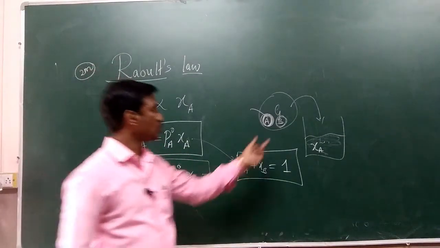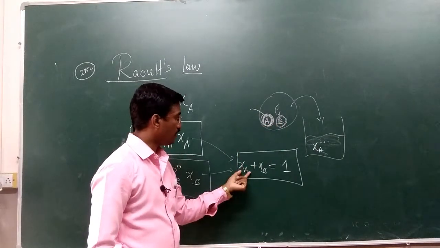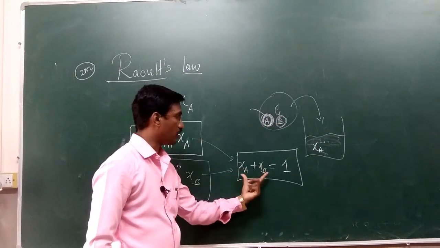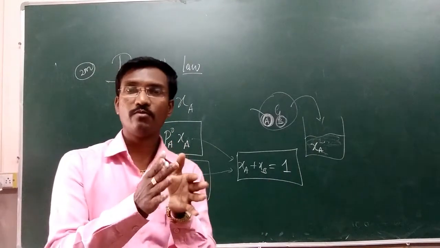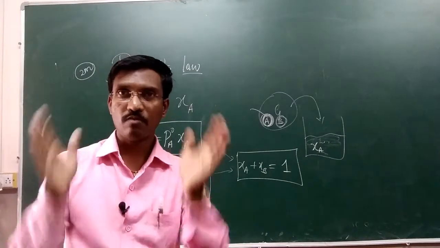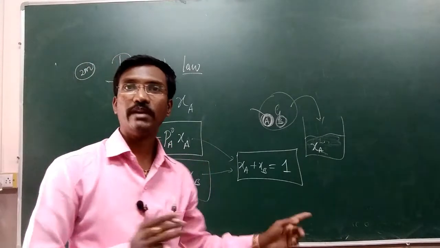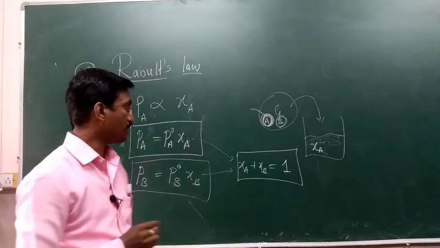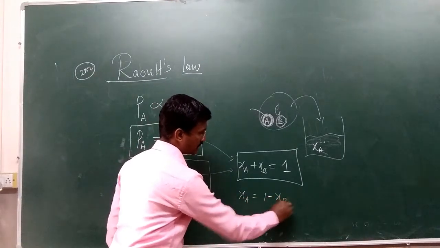I have taken two components, A and B, so the mole fraction of A plus the mole fraction of B should be unity. If there are 4 components, the sum of the mole fractions of all 4 will be 1. This helps in calculating problems. So XA can be written as 1 minus XB.